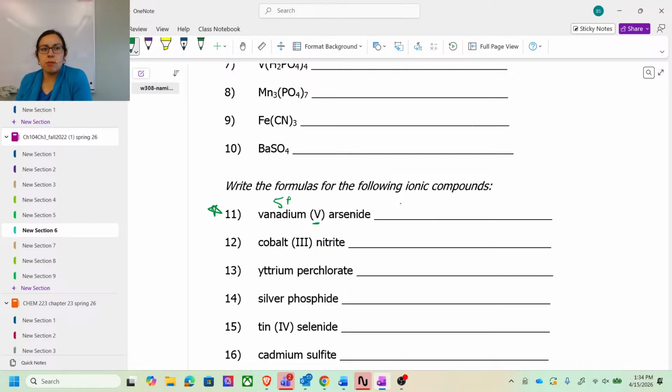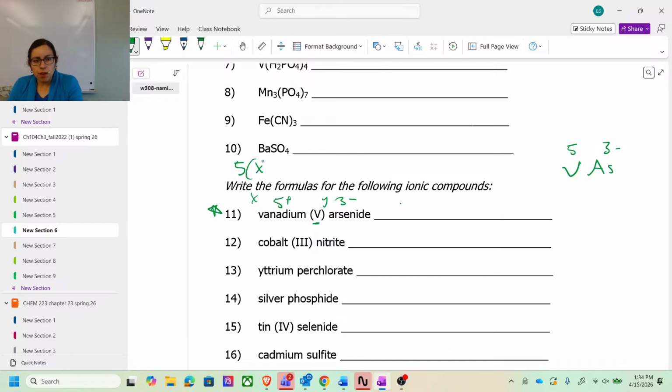Not +3, but yeah, -3. And so now we have to, again, make this neutral. But this is where we could do a little trick. So this is called a swap trick if you've never seen this before. So what we're doing, right, is we're trying to solve the algebra, but we have two variables, right, because we have x and y, because we don't know how much.